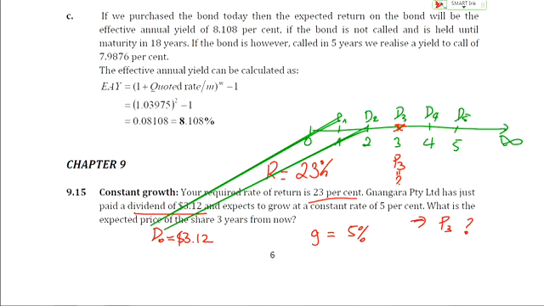What would be the relevant cash flow? Would D1 be relevant in your calculation? If you are the investor and you will buy the share at time 3, you pay the price at time 3, would you care about the past dividend? Would you be able to receive the past dividend?